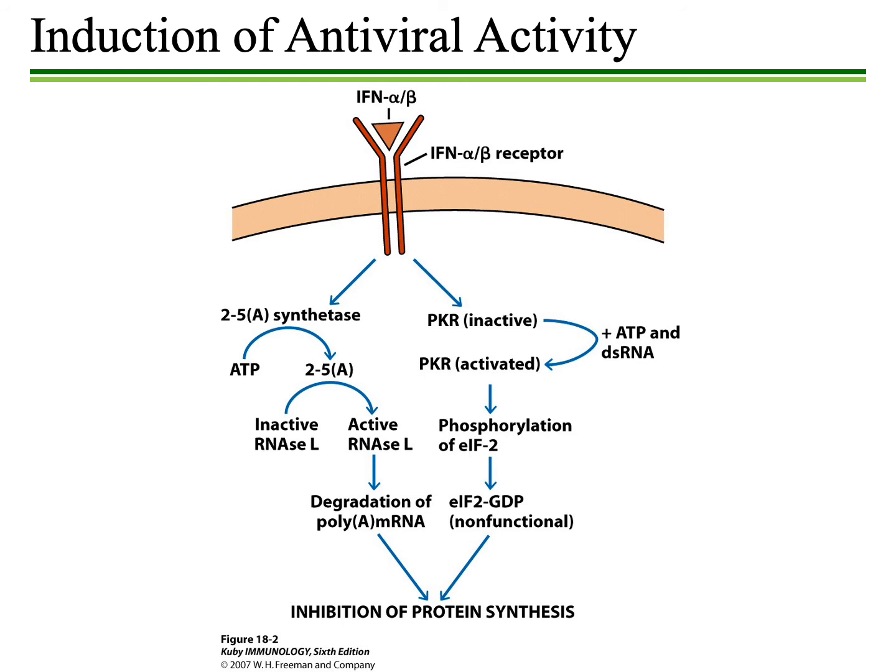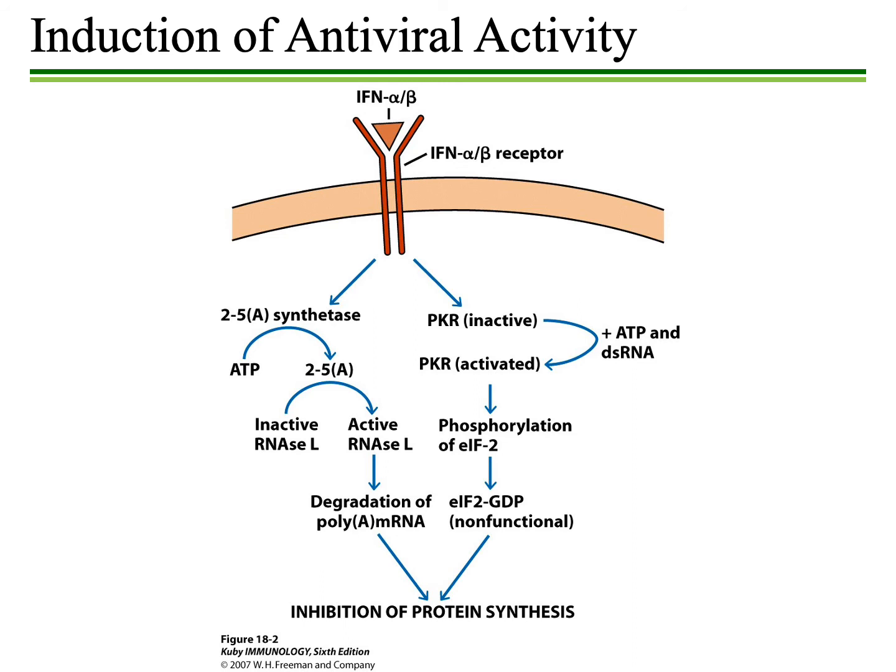There is an IFN alpha and beta receptor that is part of the cell membrane structure of the host cell. Once the interferon, the cytokine, has been produced, the cytokine is the ligand that binds to the receptor. This then signals the cell to act in a specific way, not unlike all of the receptor-ligand interactions we have discussed all semester long.